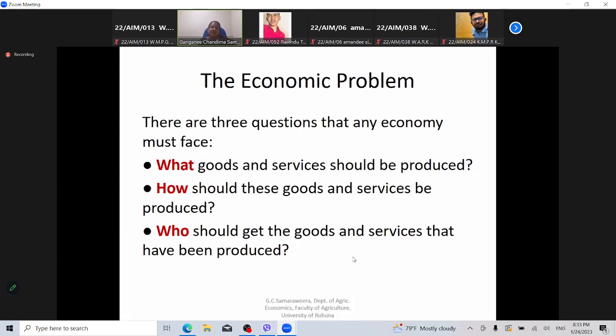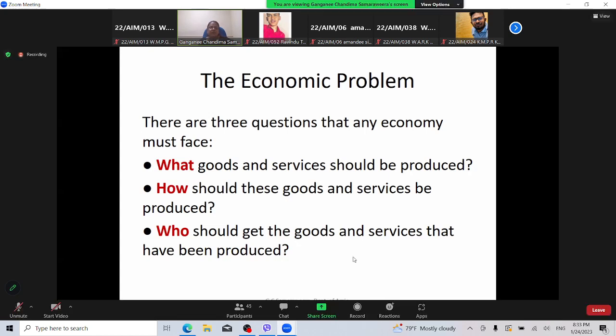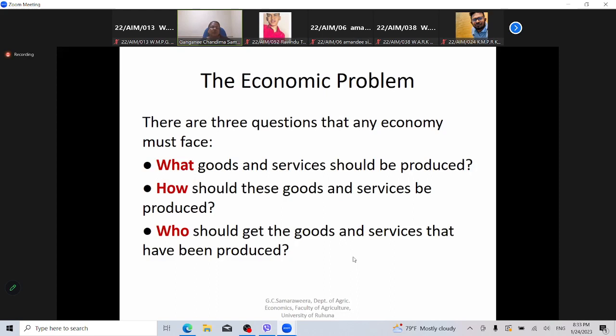And how should they be produced? That means by using which type of resources, and how you are using these resources. You have to answer all of these.